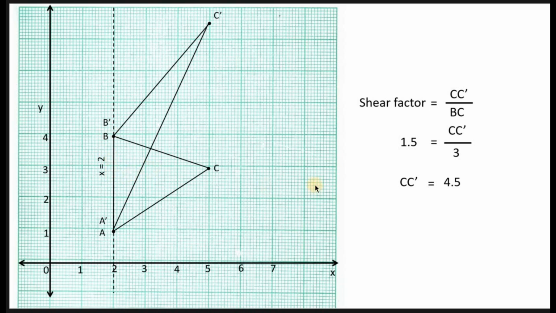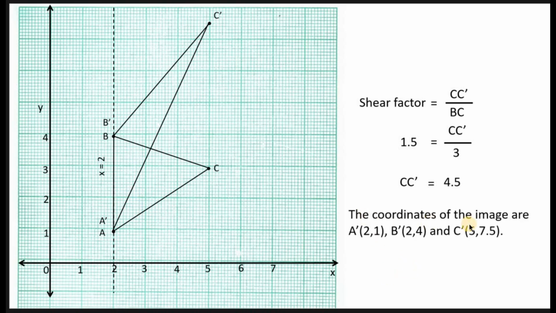Since the question was to find the coordinates of this image, we are going to say the coordinates of the image are: A will just remain the same, point A prime 2,1. Then B prime will be 2,4, like here 2,4. Then C prime is going to be at 5, comma 7.5.